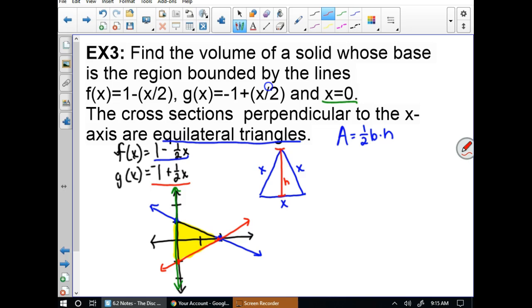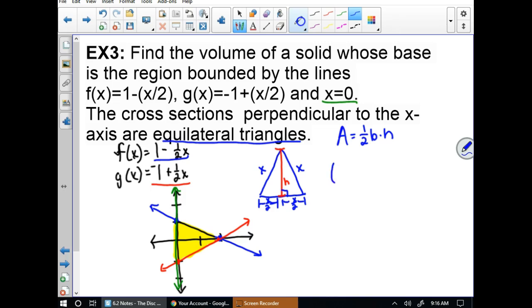But just right now off the top of my head, I can't remember what it is, even though I've done this a lot of times. So I usually have to work it out whenever I get one of these. That height, perpendicular to the base, is going to cut the base in half, making this little piece x over 2 and this little piece x over 2. And that makes a right triangle right there. So we could do the Pythagorean theorem here.